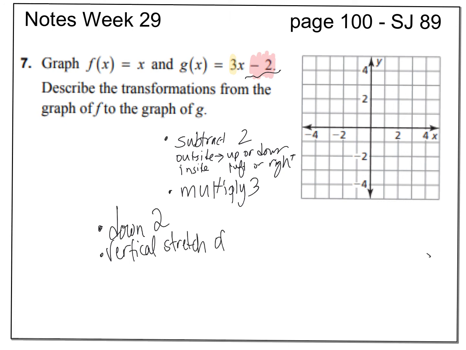Now, I'm going to graph this. I'm going to graph the parent function first, or f of x equals x first. Okay, so when I graph that, I'm going to have 0, 0, 1, 1, negative 1, 1. This black one is the parent function.